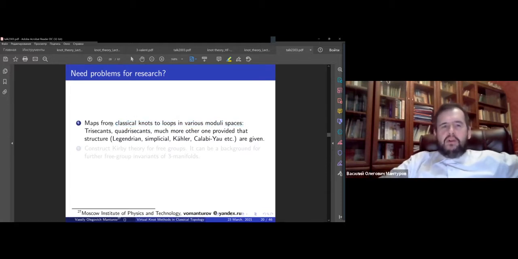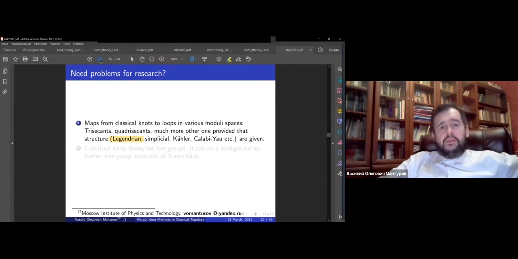We can consider a moduli space of classical knots and assume we have something, for example, trisecants, quadrisecants, or maybe knots with some specific structure, maybe Legendrian, simplicial, or whatever, or maybe moduli spaces coming not from knots, but from some manifolds, and just try to look at such loops. And if you have loops, then possibly you can put some points which appear to be even or odd. And actually, there is a great chance that you can write some words.